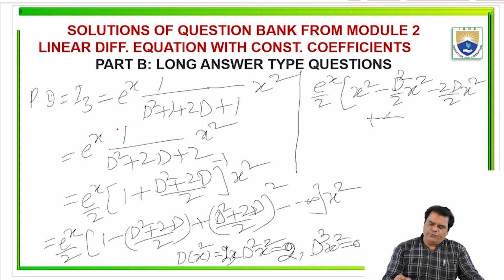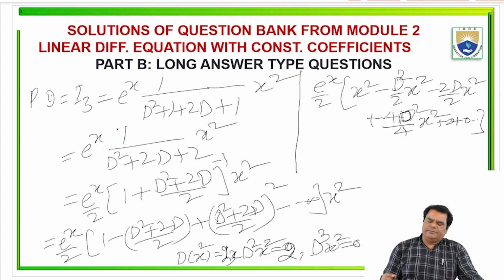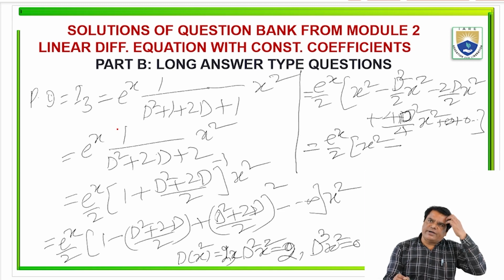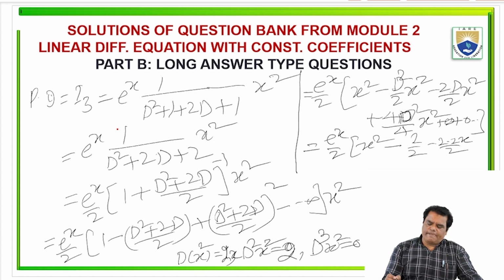Other terms are 0 plus 0, all terms are 0. So this equals e to the power x upon 2, in the bracket x square minus D square of x square, which means only 2 upon 2, and D of x square, which means minus 2 times 2x upon 2.